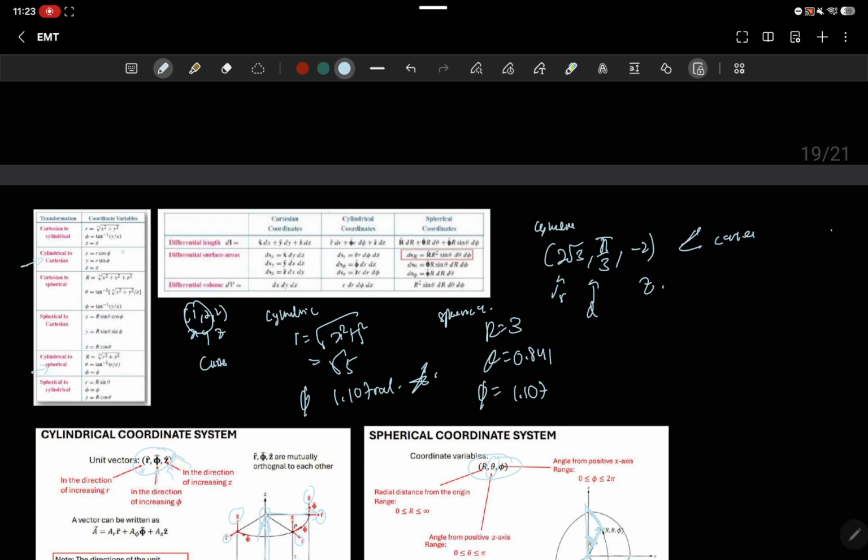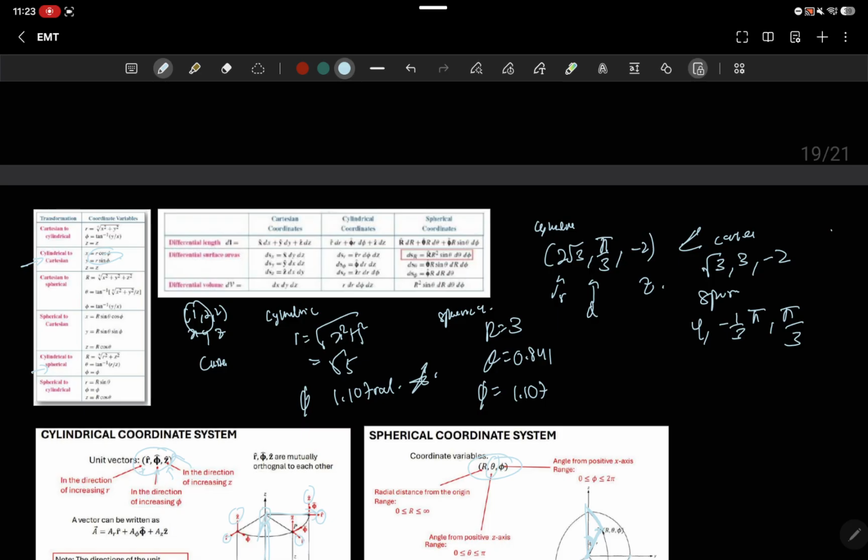So we have cos and sin. Make sure you type it correctly in the calculator. For Cartesian you will get 3, 3 and -2. For spherical you will get 4, -1 over 3 pi and pi over 3.